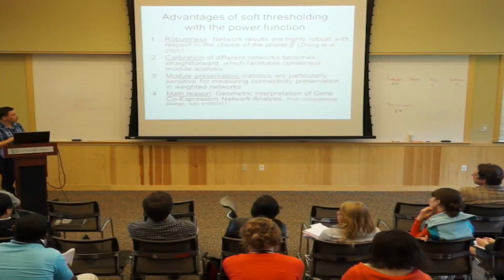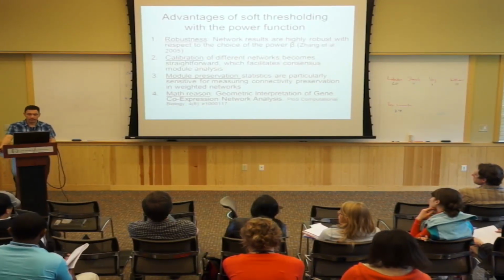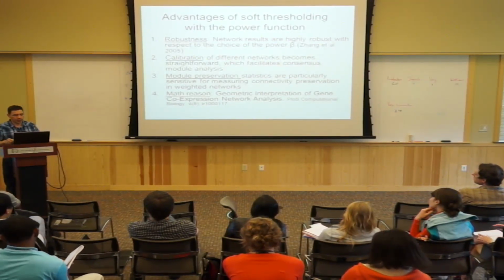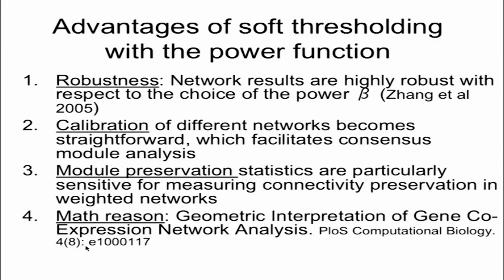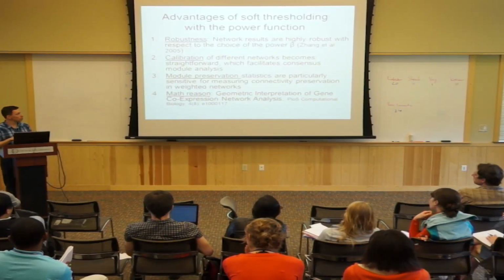And so that's straightforward. Another reason why we like these weighted networks is that you can develop module preservation statistics that are particularly sensitive. Remember how I said one critical step in network analysis is to assess whether your favorite module is reproducible or preserved in an independent data set? To do that, you need module preservation statistics.